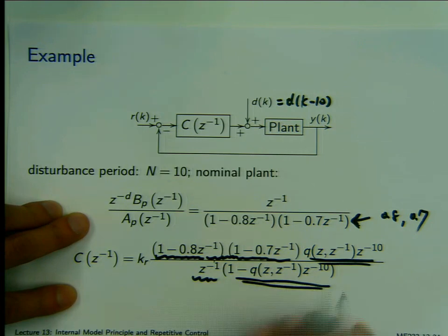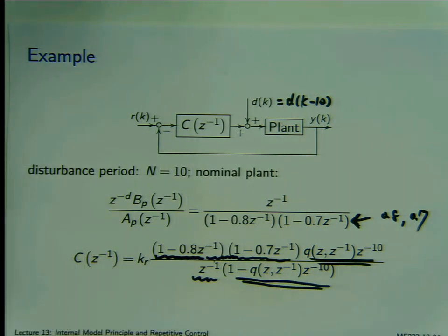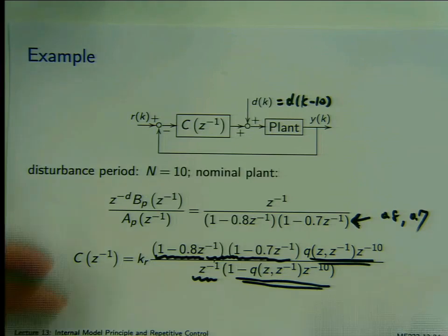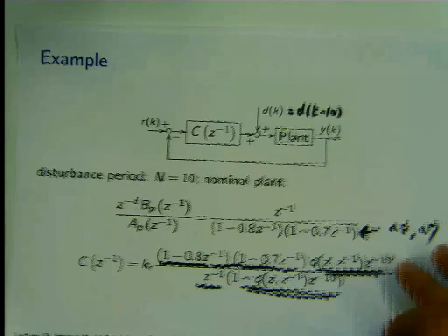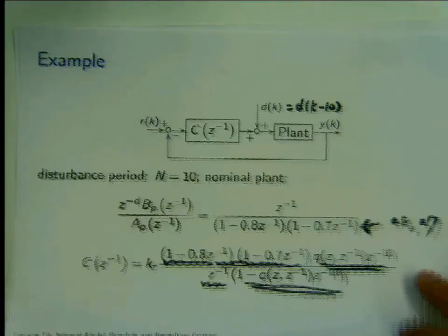Once you have the design procedures, the design itself is very simple. The tough thing is showing that it's valid and works, showing the robust stability, the general stability. That's usually slightly more difficult.